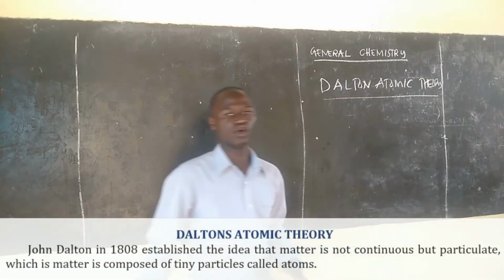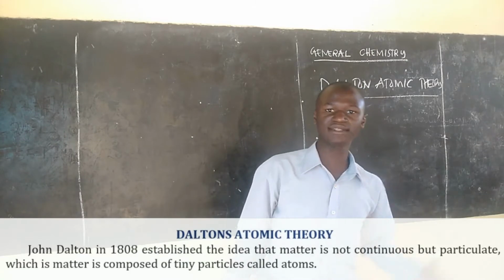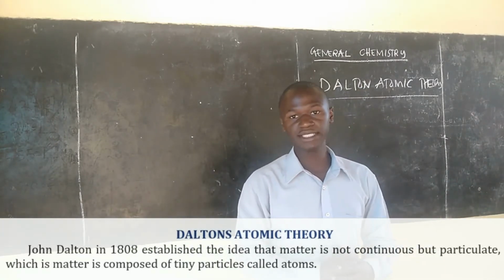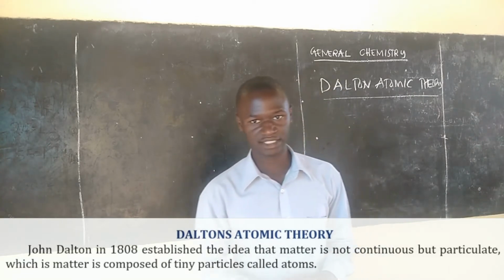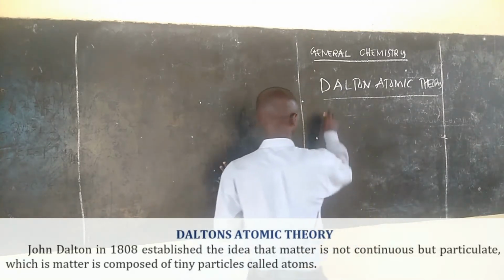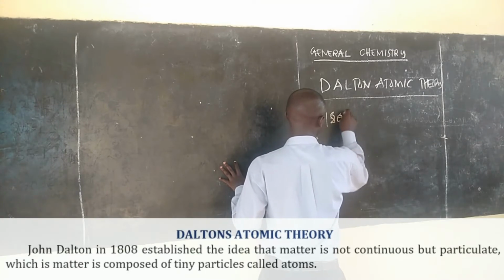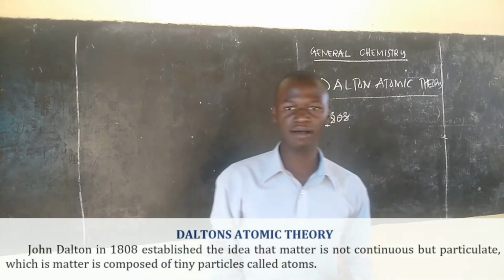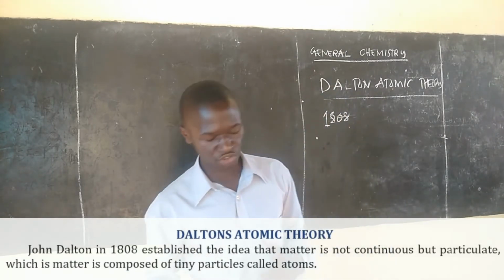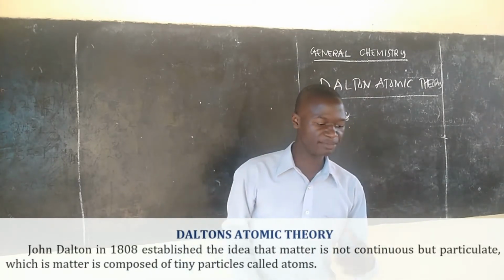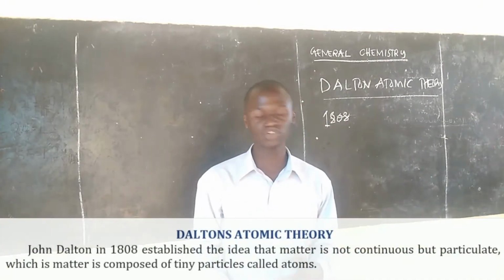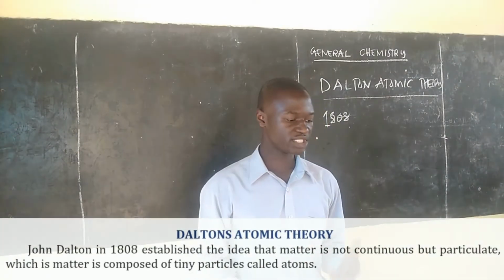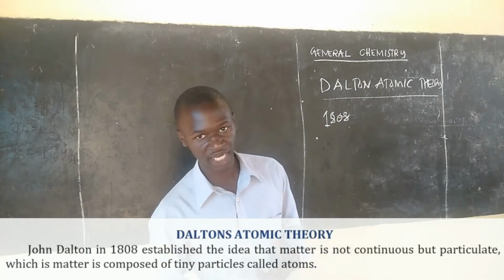So who was Dalton and what is the Dalton atomic theory? In 1808, John Dalton established the idea that matter is not continuous but particulate, which is, matter is composed of tiny particles called atoms.